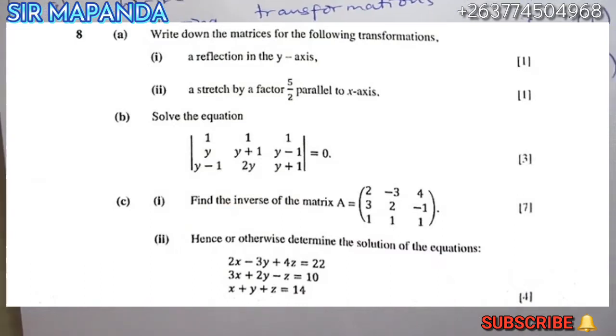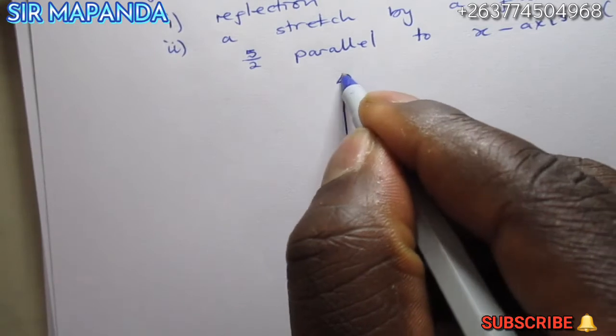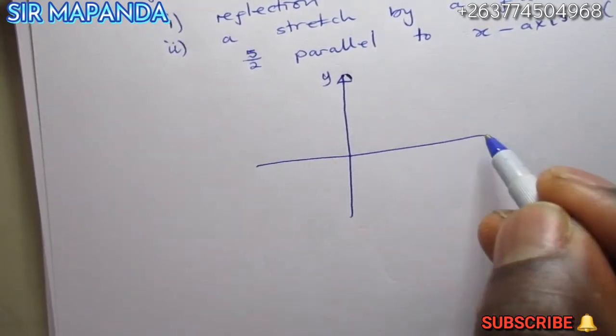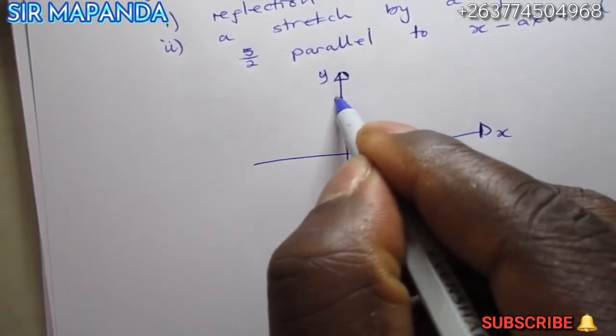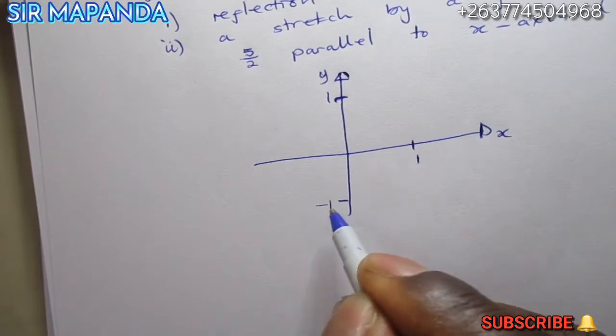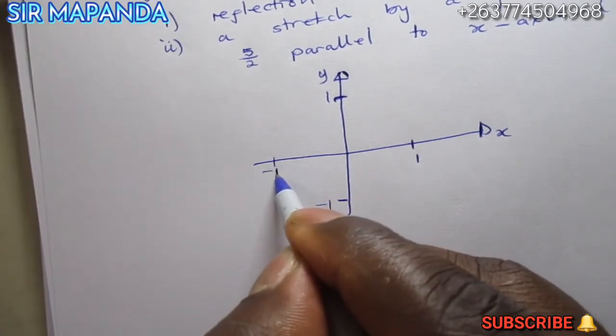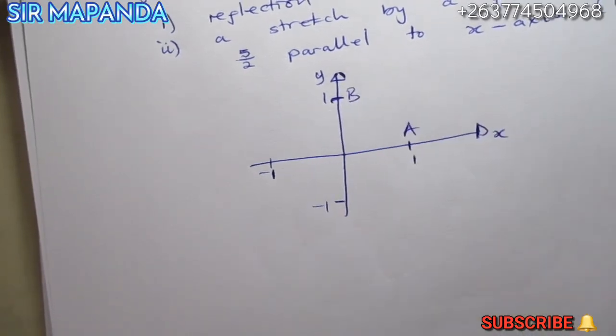So to find the matrix for reflection, we can make use of the unity square matrix. The unity square matrix is a Cartesian plane, which is made up of 1, 1, minus 1, and minus 1. And this is A, and this is B. So A and B represent the original points before the transformational process.